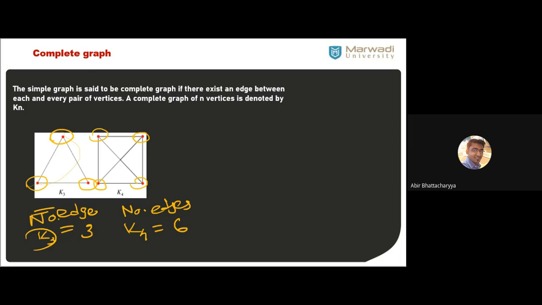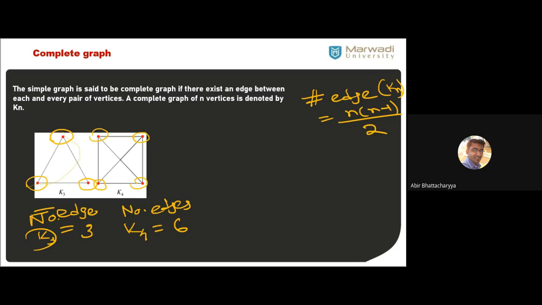So the number of edges of a complete graph is n into (n minus 1) by 2. All right. The number of edges for Kn is n into (n minus 1) by 2.